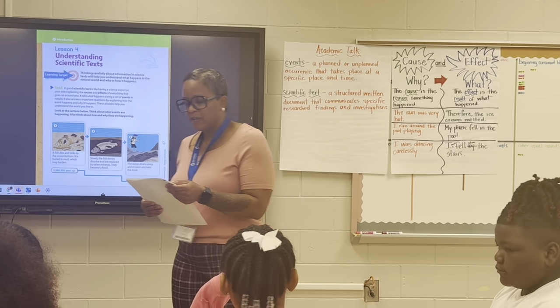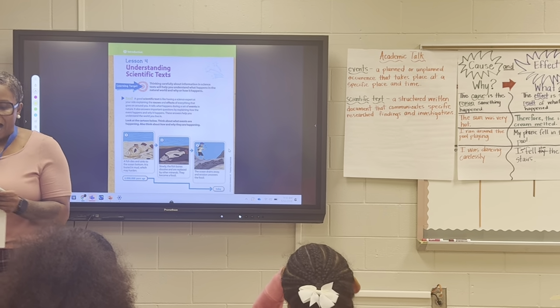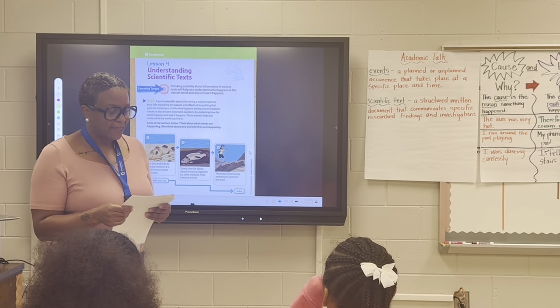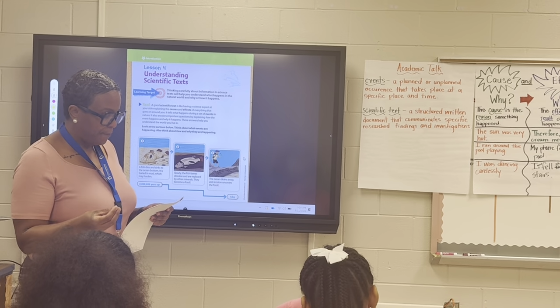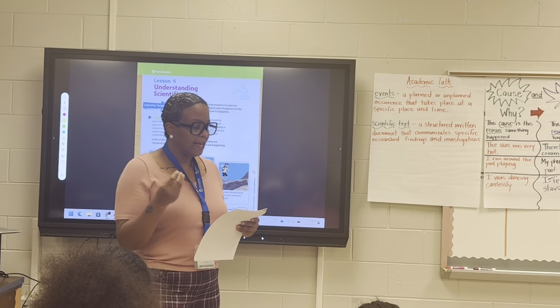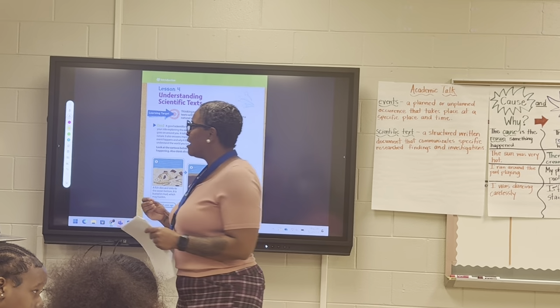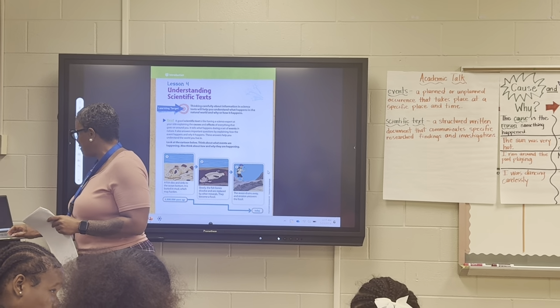I want you to use the information in the cartoon and the how and why column to add the events to the what happened column of the chart. And then I want you to list the events in order as they occur in nature.